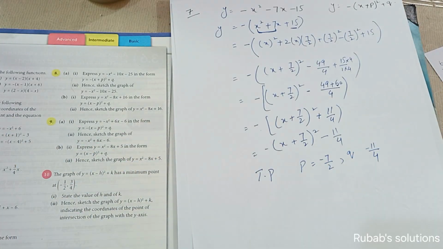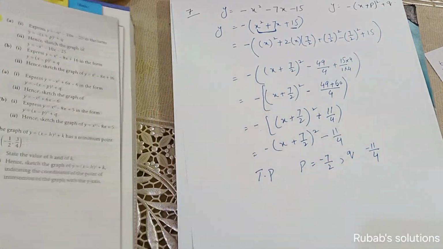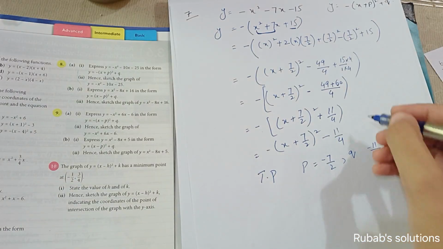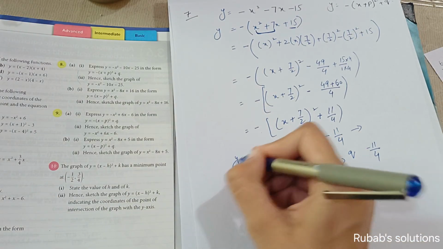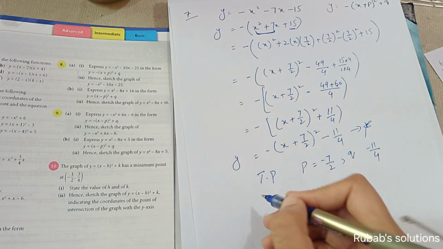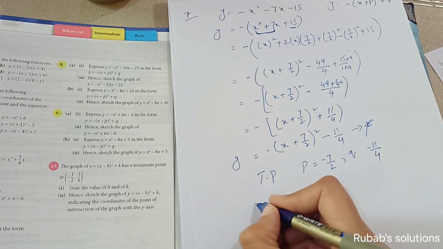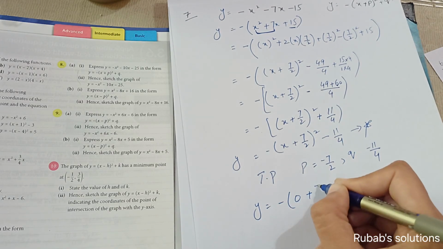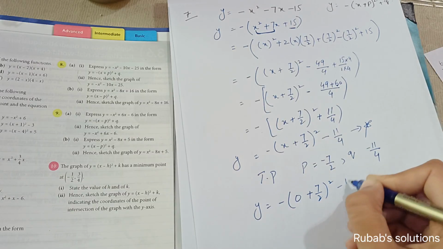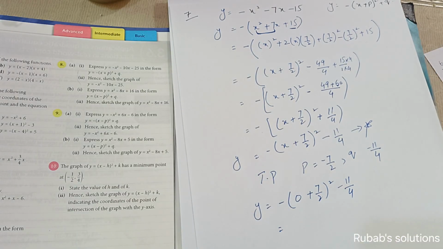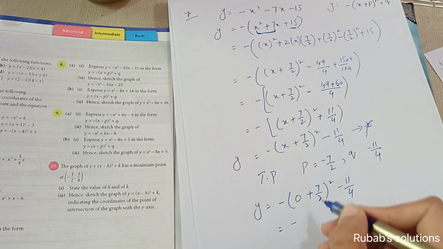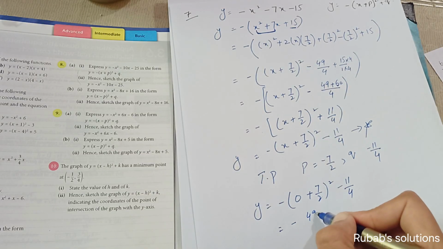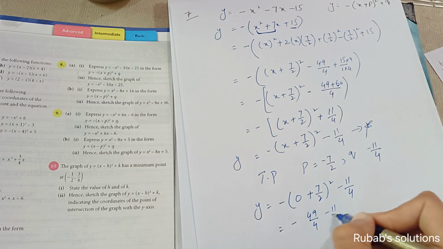Okay, for the value of y, I will put x is equal to 0, and this is my general form, like equation star. If I put x is equal to 0 for y, it will be 0 plus 7 by 2 whole square minus 11 by 4. So it is minus, 49 divided by 4 minus 11 by 4.